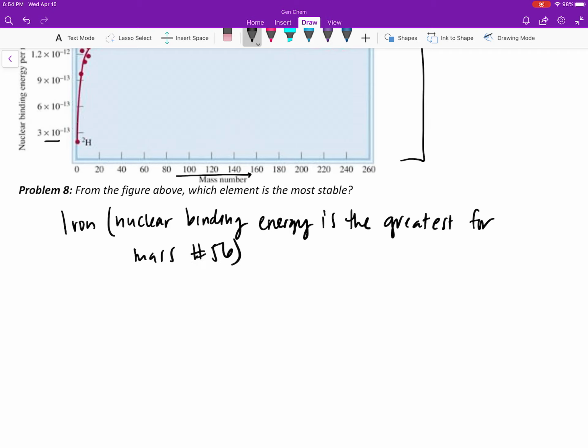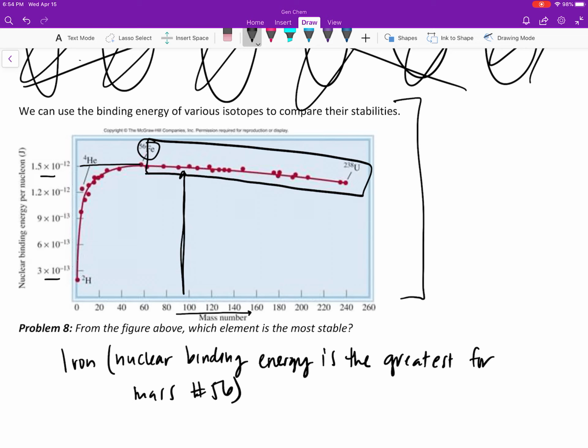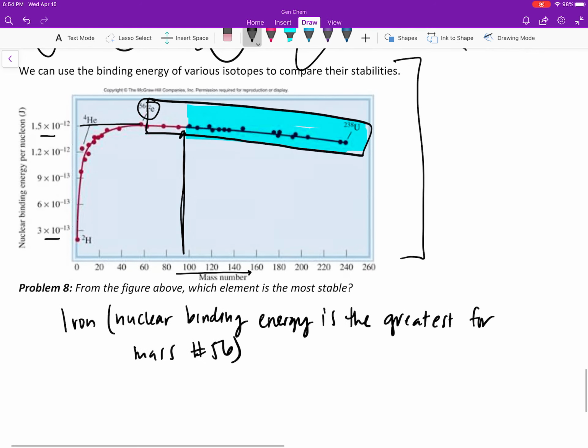All right, so the nuclear binding energy is the greatest for the mass number 56. But you're going to see here that these are not all that different. Because the nuclear binding energy is really strong with everything there in that box, especially for the radioactive ones like here and over, that means that when they break apart into something smaller and a particle, they release a lot of energy, which is what makes something like uranium a really great radioactive fuel source.